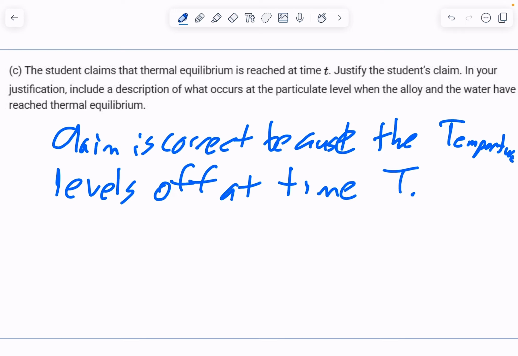But this is a two-part question. It also then asks us in the justification to include a description of what occurs at the particulate level when the alloy and water have reached thermal equilibrium.